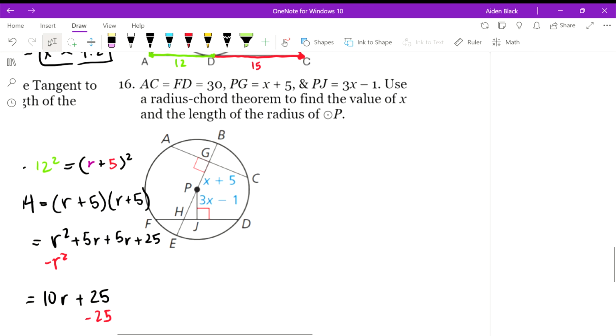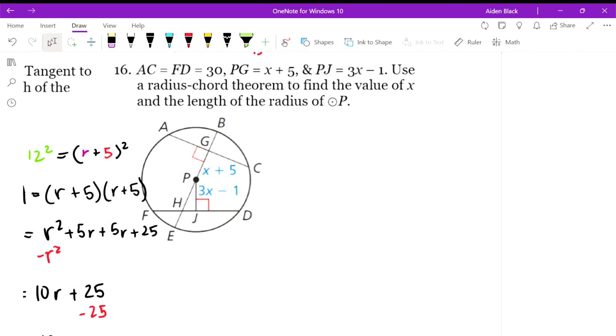Alright. Suppose we can do this last one. AC is congruent to FD. So AC, that's this, is congruent to FD, that's this. Since we know that the chords are congruent, we know that they're equidistant from the center.